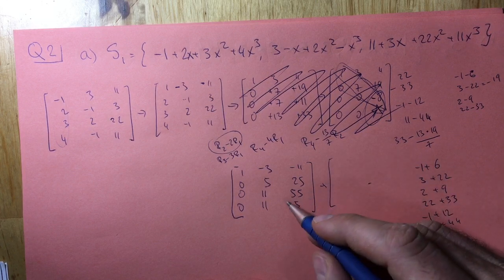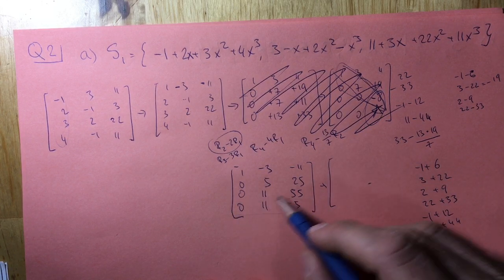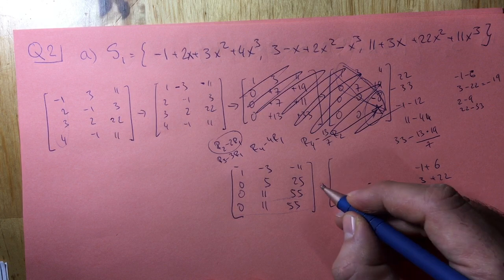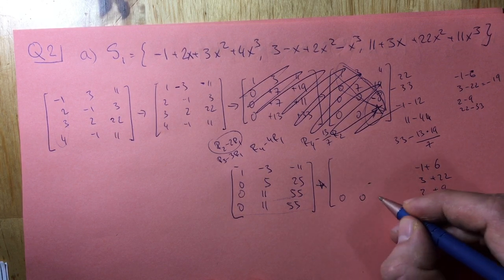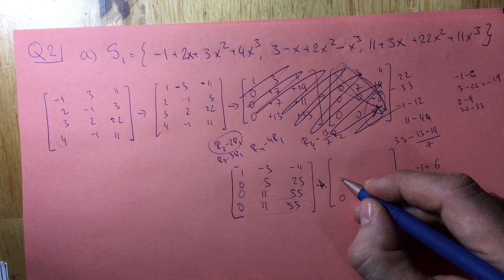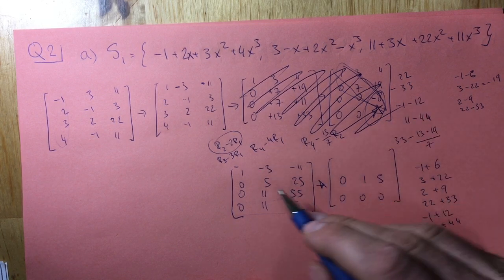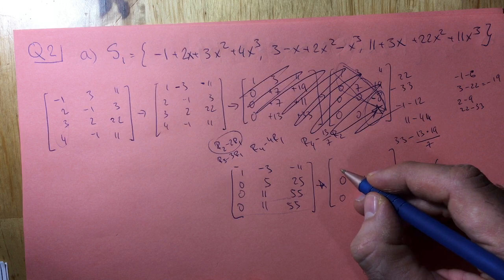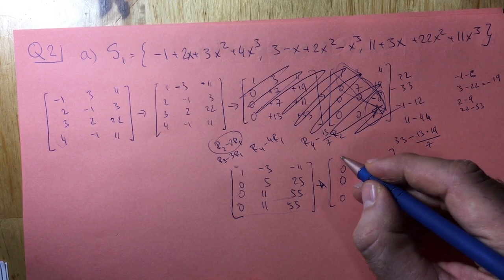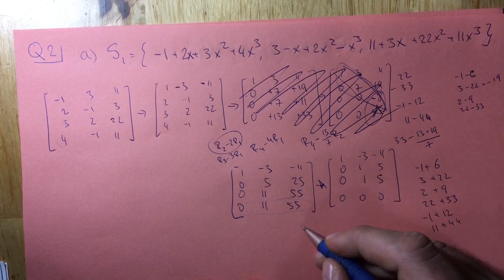Okay, obviously these two rows are the same, so when we cancel them, I get 0, 0, 0. At the bottom, I can divide this by 11, 1, 5. And I can divide this one by 5, and I get 0, 1, 5, 1, negative 3, negative 11.